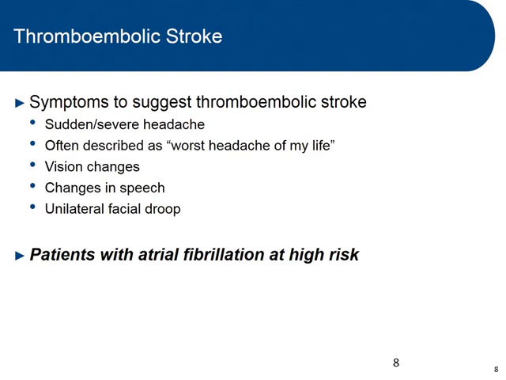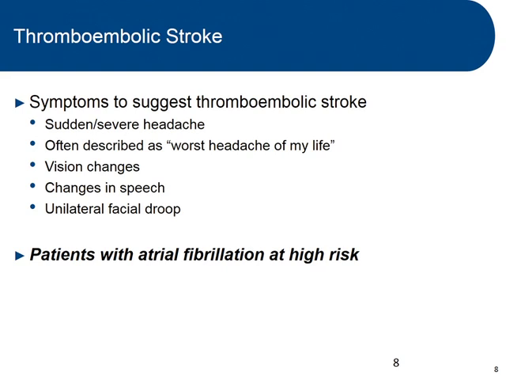And then finally, the other type of clot that we get concerned about is thromboembolic stroke. These actually could be either arterial clots or venous clots. Symptoms that suggest thromboembolic stroke: sudden or severe headache.